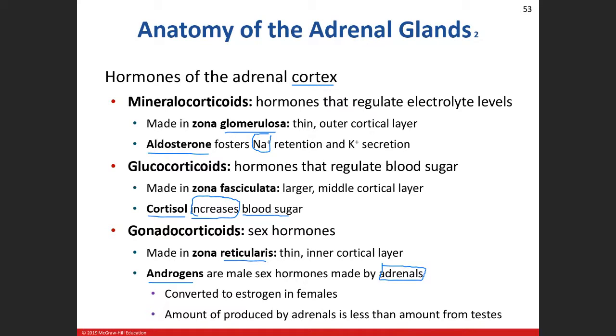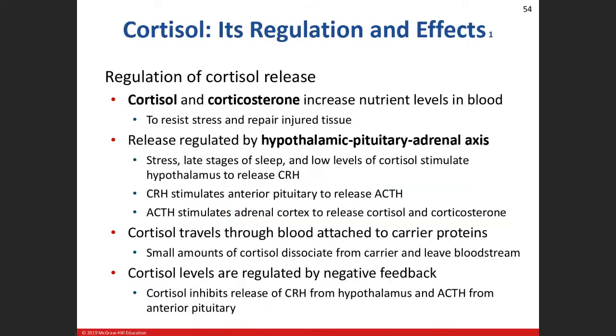In women, you convert the androgens into estrogen. I think I talked about this last week about hirsutism. Hirsutism is when the female is unable to convert the androgens into estrogen, and so they'll have elevated testosterone, which will give them some masculine features.